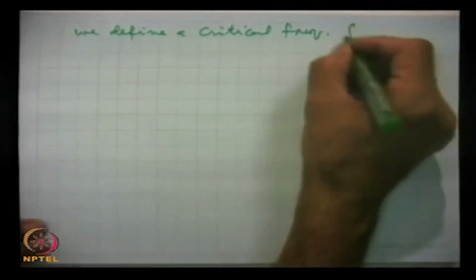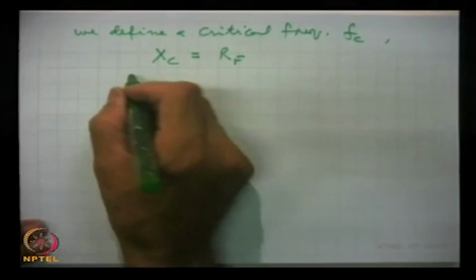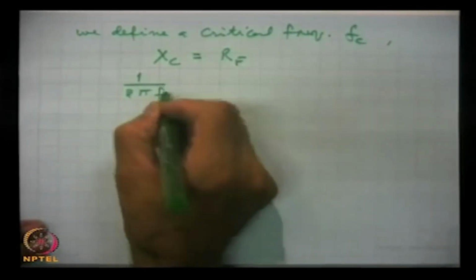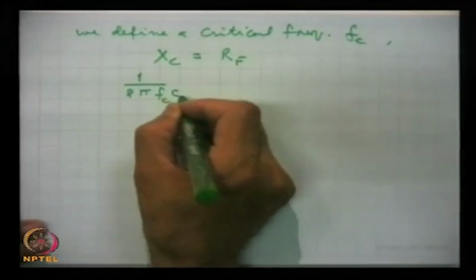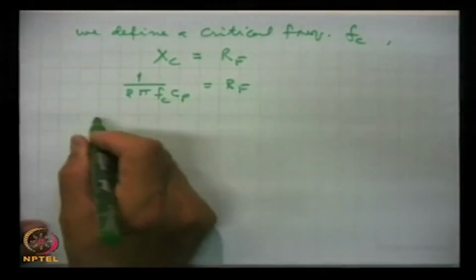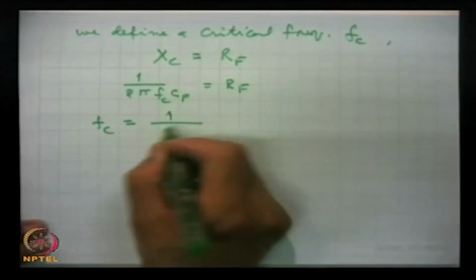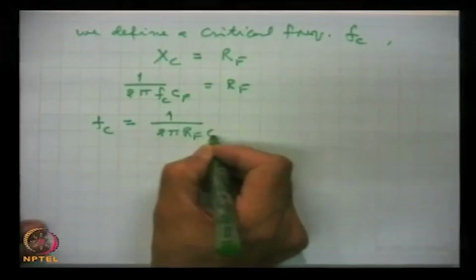So, we define a critical frequency Fc such that Xc is equal to RF, and substituting the value, 1 by 2 pi Fc CF is equal to RF, or the frequency Fc is equal to 1 by 2 pi RF CF.